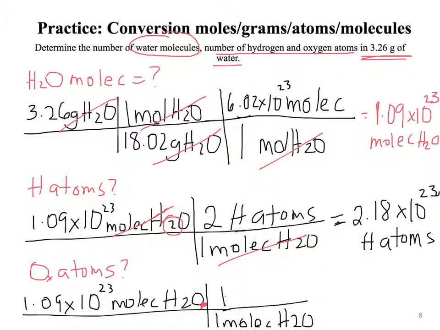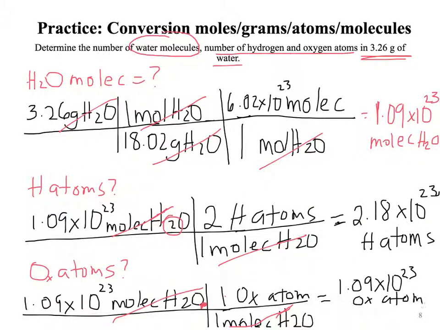So 1 oxygen atom. I'm abbreviating oxygen as OX, so you don't mistake it for a 0. So what happens is my units cancel here, and if I calculate correctly, that's really just the number itself. Okay, and that's how you solve this problem.